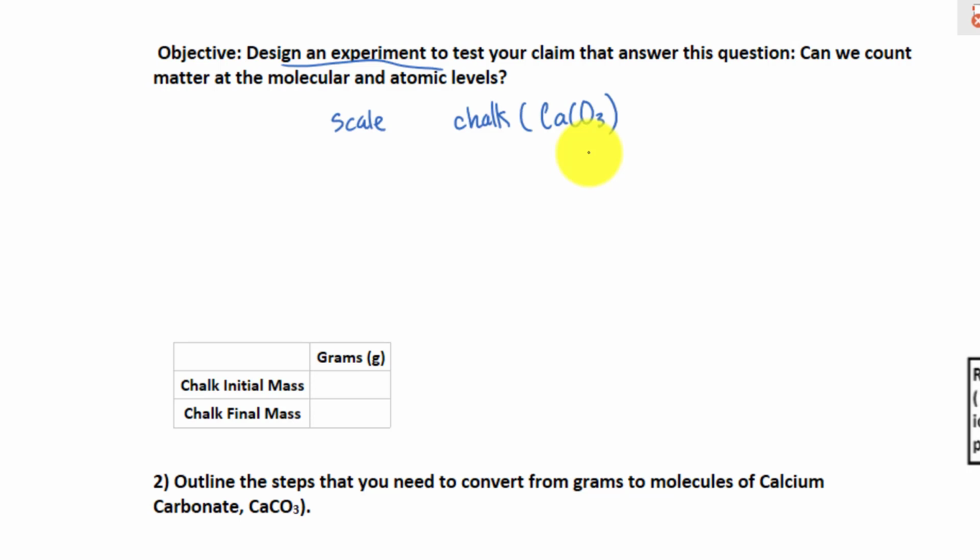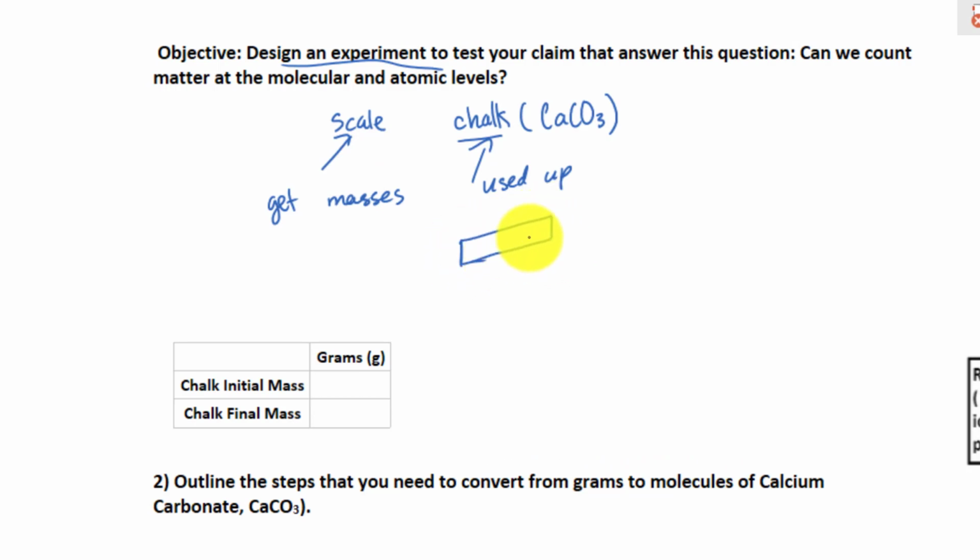So, of course, if we look at this, we know that chalk will be used up in the process. By looking at this concept, we realize that you have a scale. What do we use a scale for? Well, we use a scale to get the mass of the chalk. So this equipment allows us to get the masses of the chalk. Now, let's assume this is a piece of chalk.